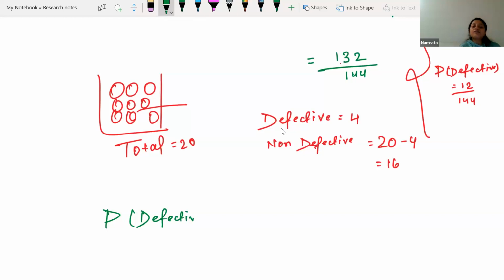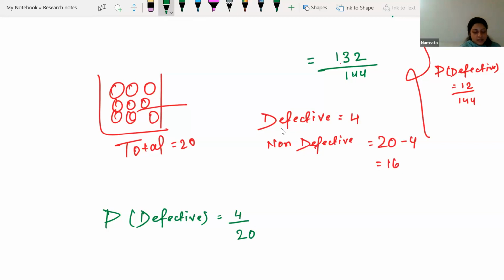Now we have discussed that the probability formula is the same as in the previous class. Then why are we learning it again? Because there are some tricky questions which we need to understand over here. So the probability of getting a defective bulb will be favorable outcome, that is 4, by total outcome, that is 20.